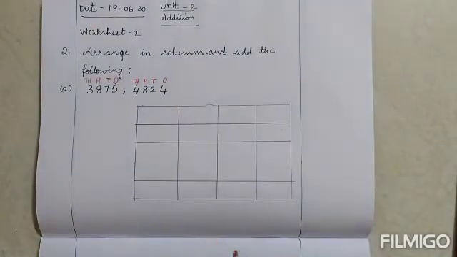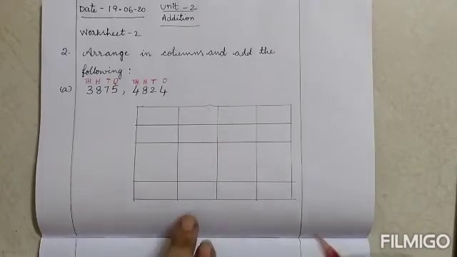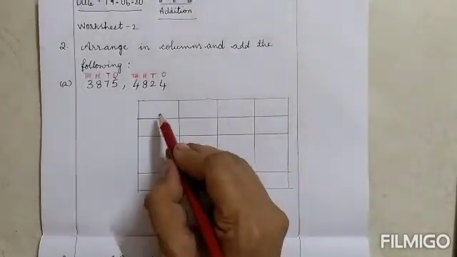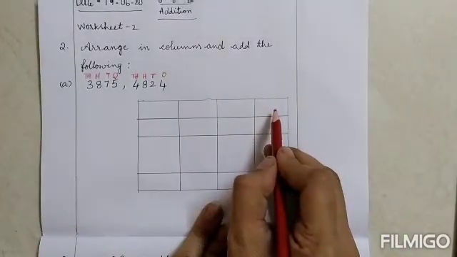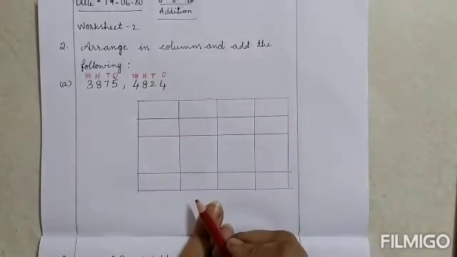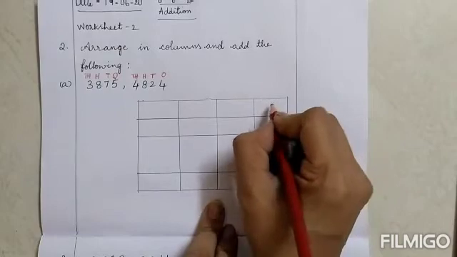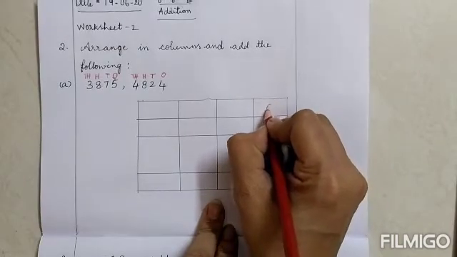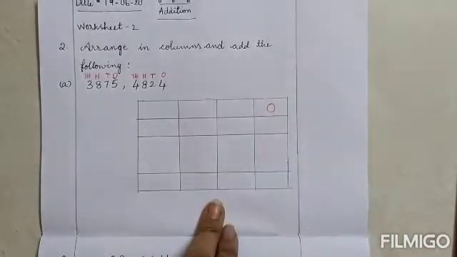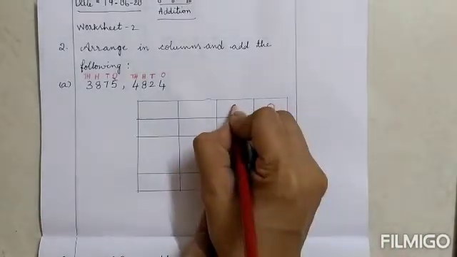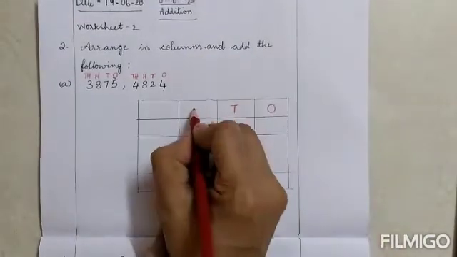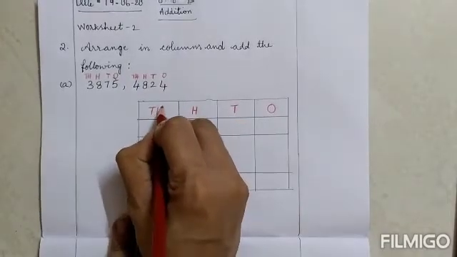Now the rest of the thing, the same way we did in the first bit. First you have to draw a table, and in the first row you have to write the place values. First column is ones place, then tens place, then hundreds, then thousands.